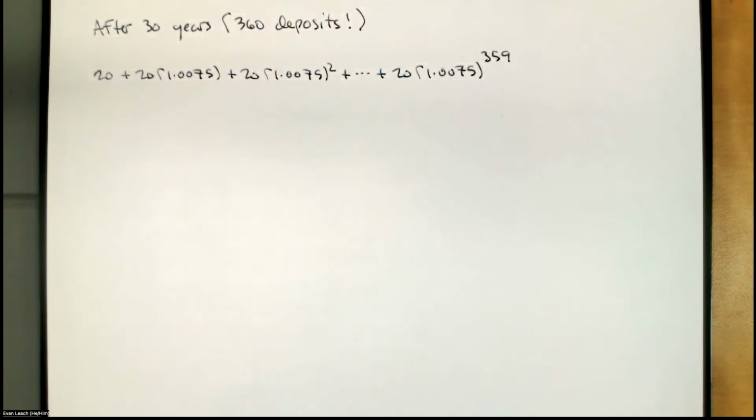I skipped a lot. Notice there are 360 deposits, but the highest exponent is 359 because we started counting at 0. Everybody okay with that? That first term, 20, is 1.0075 to the 0 power. If you start counting at 0, then you'll get to 360 terms when the exponent is 359.